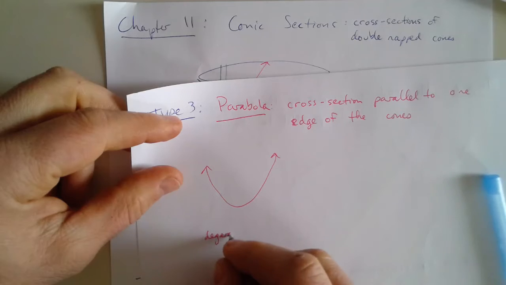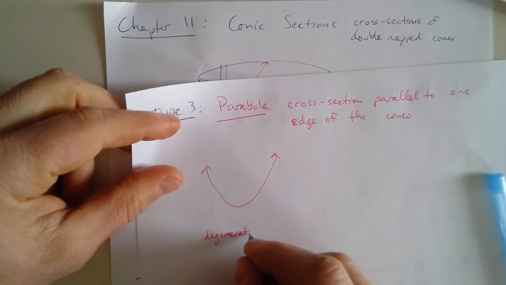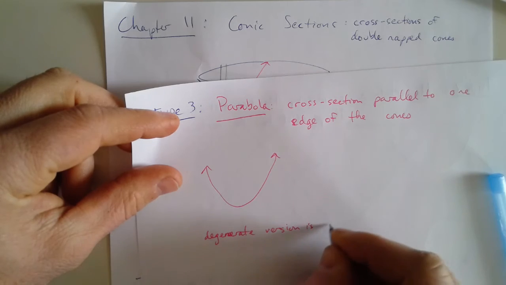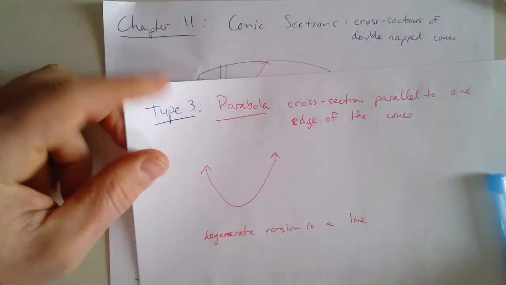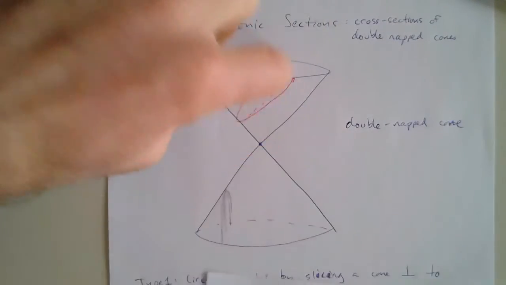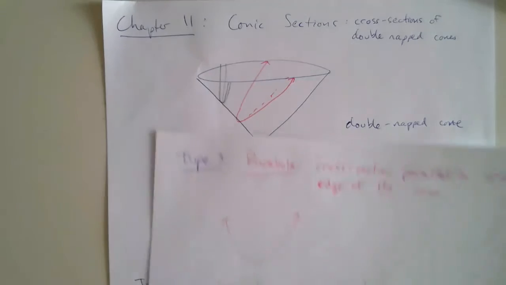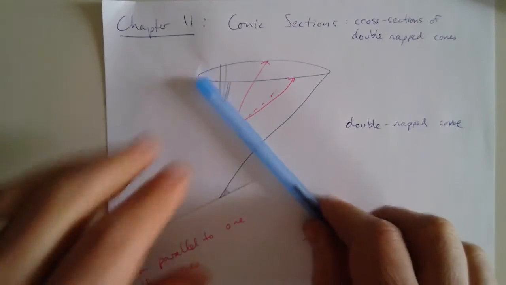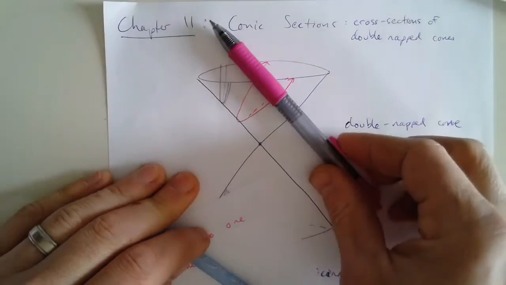And just like we talked about with hyperbolas, they can be sideways. So if the cone, instead of being top to bottom or left to right, then you'd have that sideways. Or if you were parallel to this side, then it would be going the other direction. So there's lots of different options there for how that can be drawn.